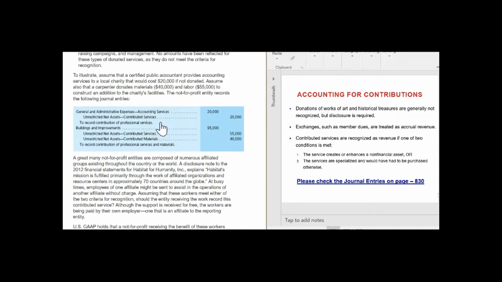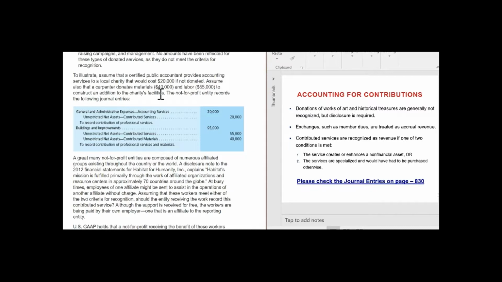Assume that a CPA, certified public accountant, provides some accounting service to a local charity, and that would cost $20,000 if that person did not donate his voluntary service. Now assume that a carpenter also donates materials, which is $40,000, and also labor, $55,000. So how could the not-for-profit entity record those journal entries?